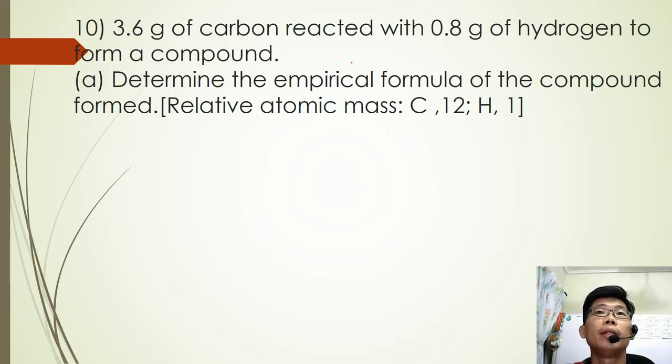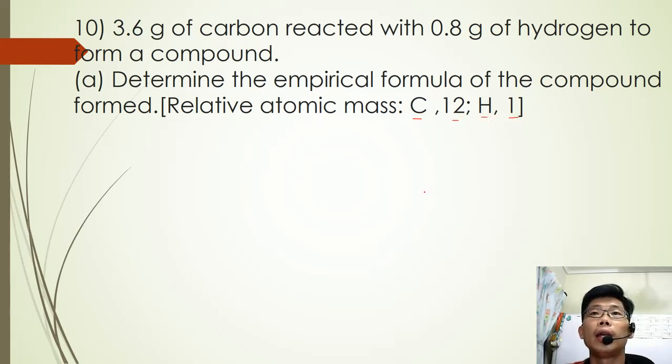3.6 grams of carbon react with 0.8 grams of hydrogen to form the compound. This is a very common question that we ask in the exam. A, determine the empirical formula of the compound formed. Given to you, the relative atomic mass for carbon is 12 and hydrogen is 1.